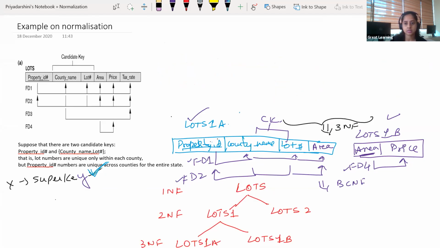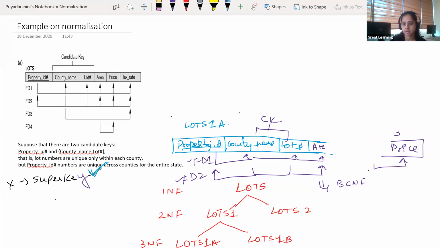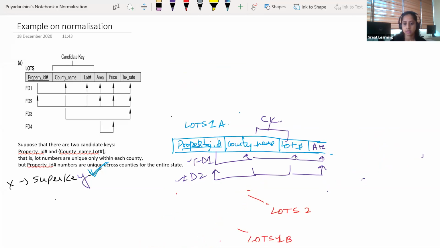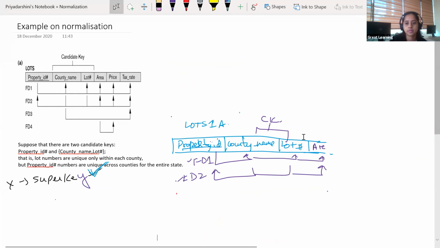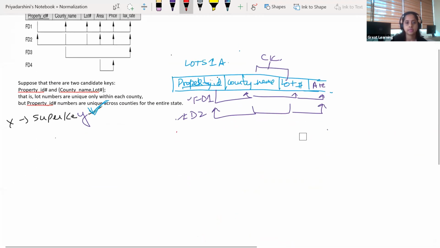From next class, we have to solve the problems. Okay. I'll keep this part.